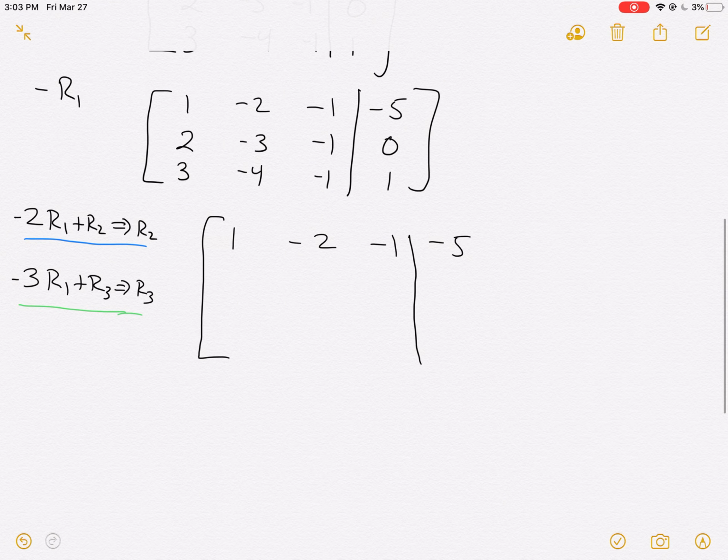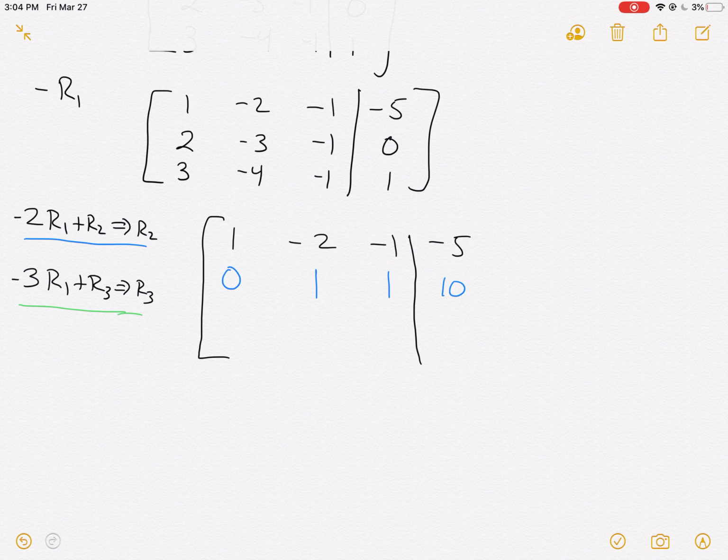Negative 2 times 1 is negative 2 plus 2 is 0. Negative 2 times negative 2 is 4 plus 3 is 1. Negative 2 times negative 1 is 2 minus 1 is 1. And negative 2 times negative 5 is positive 10 plus 0 is 10. And we get a nice row coming out.